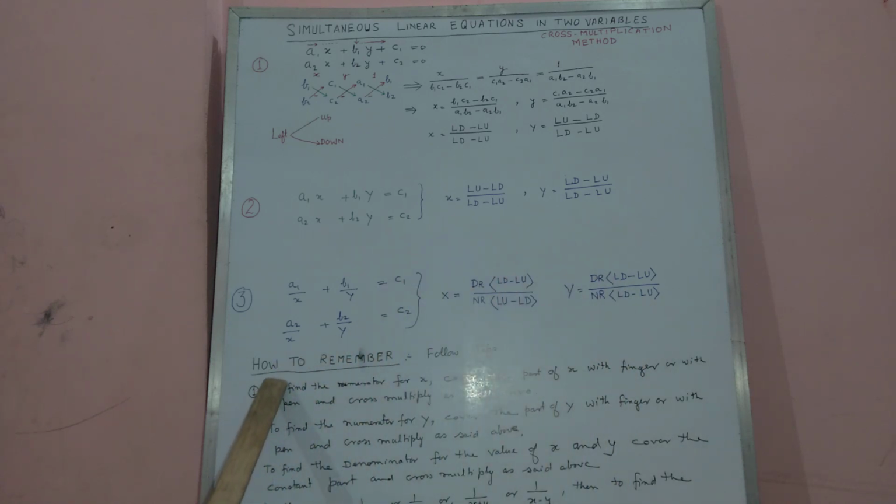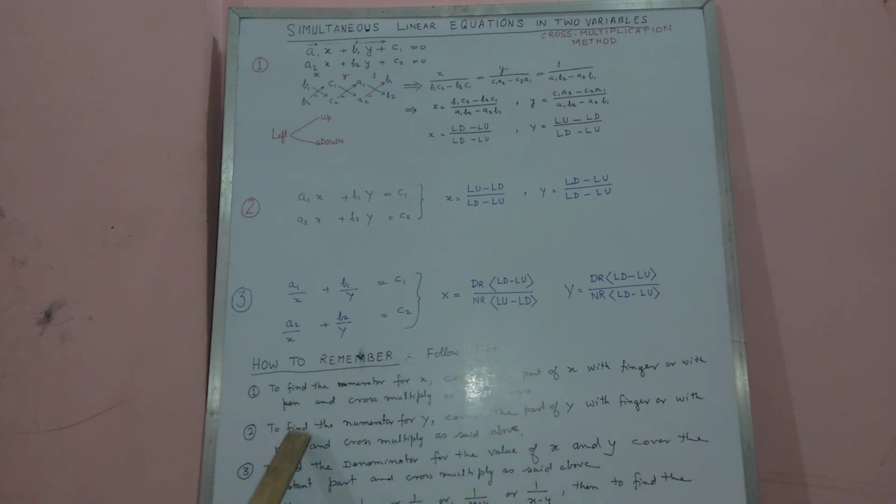Now next, how to remember the steps. Follow the steps. First, to find the numerator for x, cover the part of x with your finger or with a pen and cross multiply as said above.